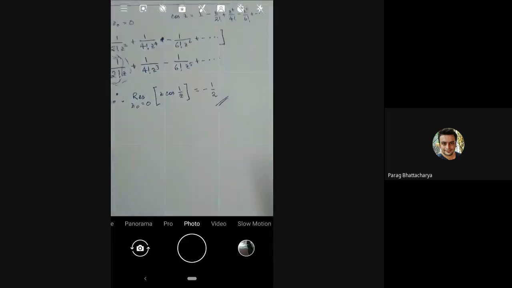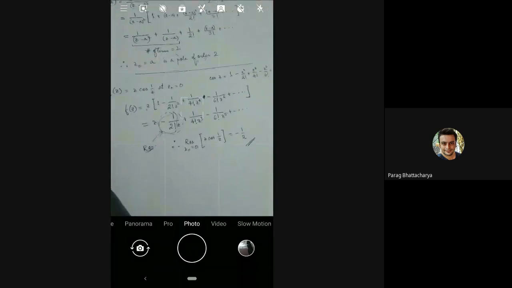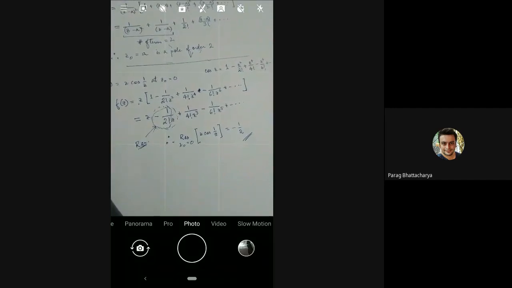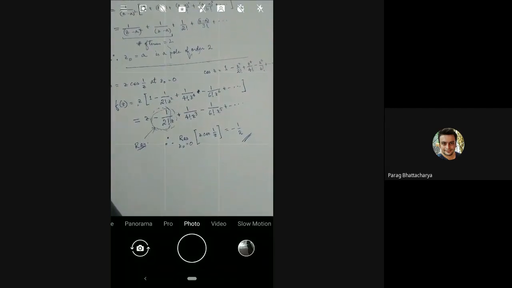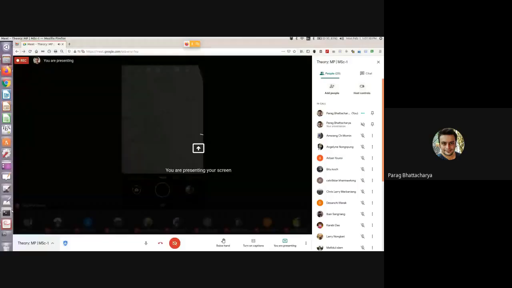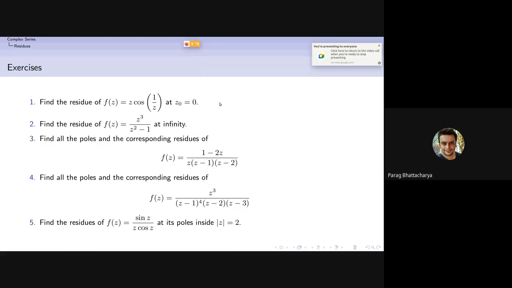That's the residue. Is this clear? Is this understood by everyone?